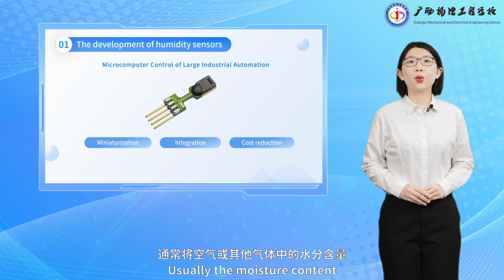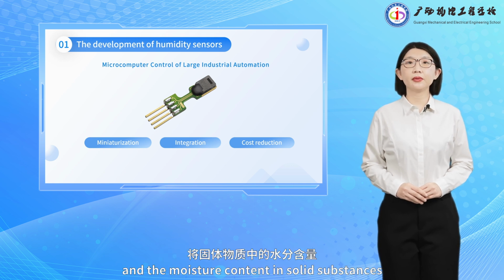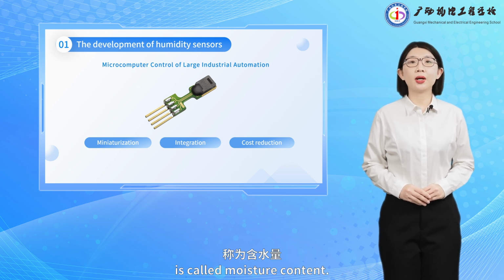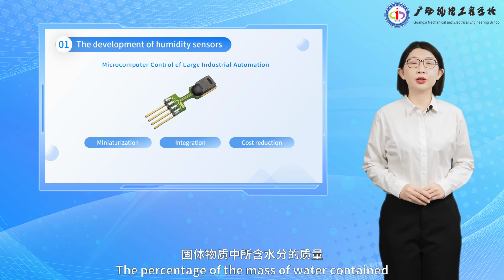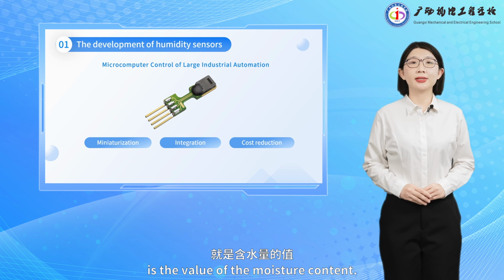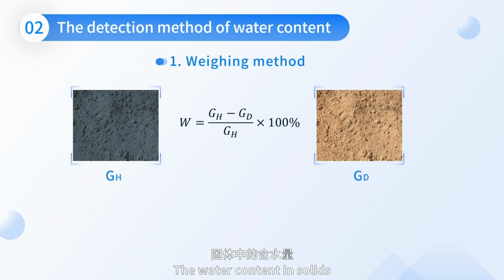Usually, the moisture content in air or other gases is called humidity, and the moisture content in solid substances is called moisture content. The percentage of the mass of water contained in a solid mass to the total mass is the value of the moisture content. The water content in solids can be detected by the following methods.